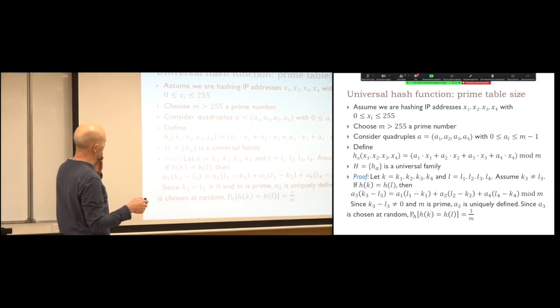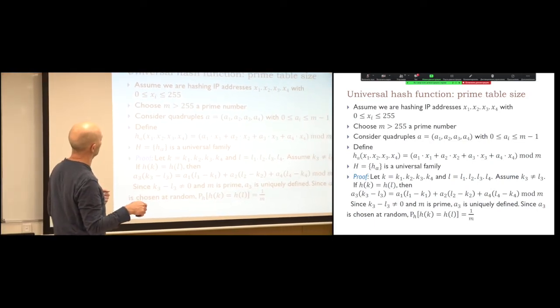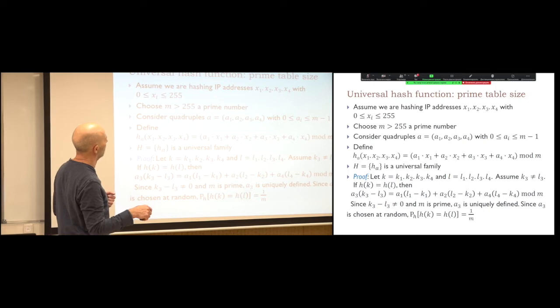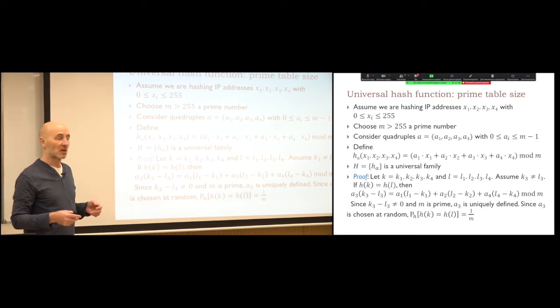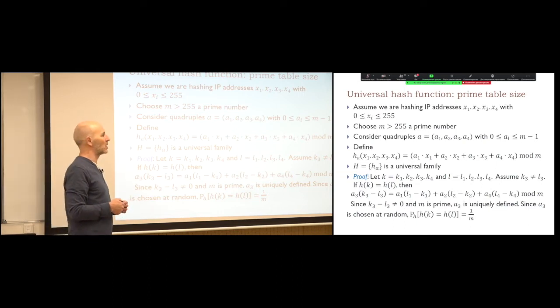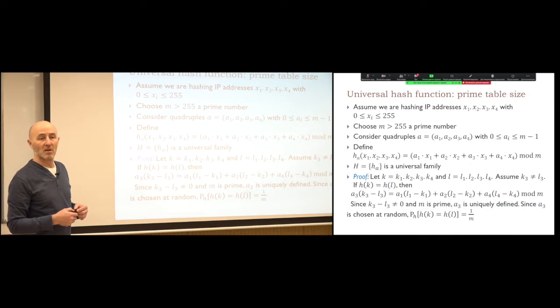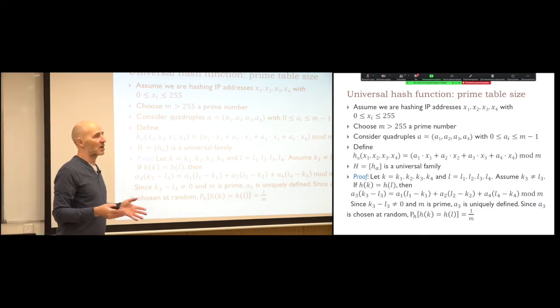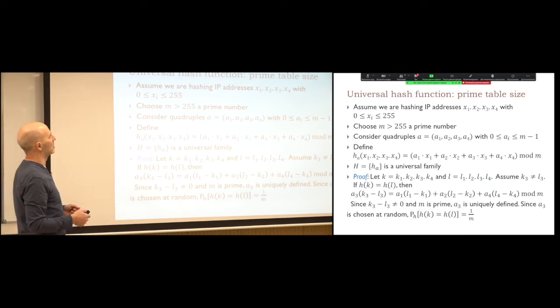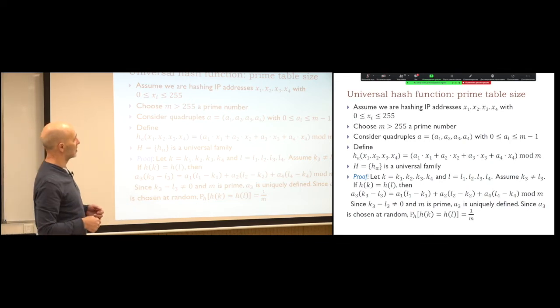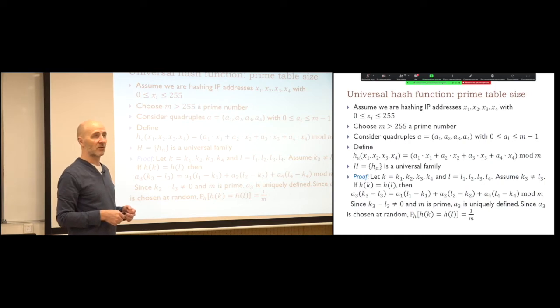Here I assume that our keys are tuples of numbers. And this is also a very common situation. For example, when we hash strings of fixed lengths, they are also tuples. It's quite common that keys can be represented as tuples of numbers.